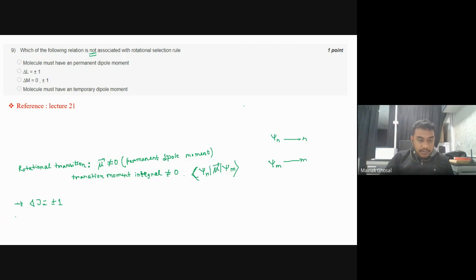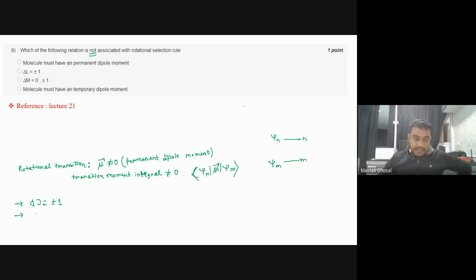Now, in the very beginning I said that when there is no field, delta J plus minus 1 is correct for a rotational transition. But when you have a magnetic field, the M degeneracy will be broken and all the M levels will be separated.